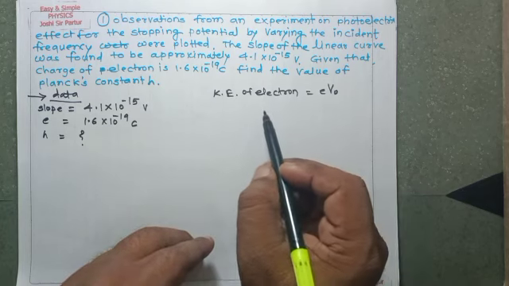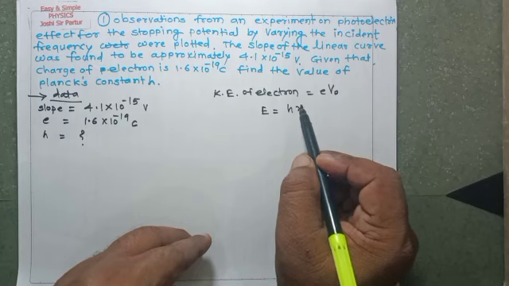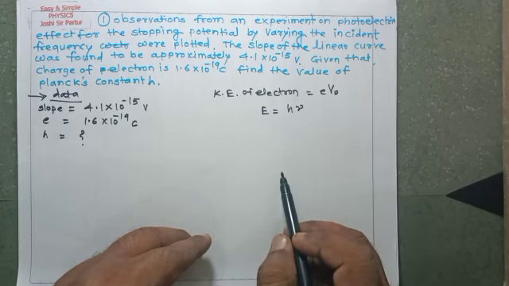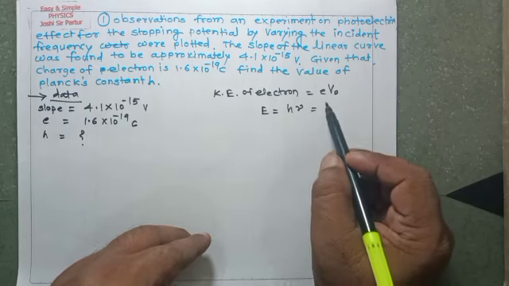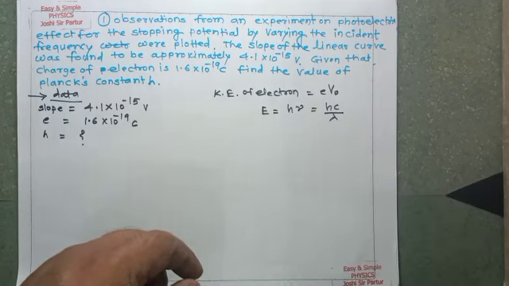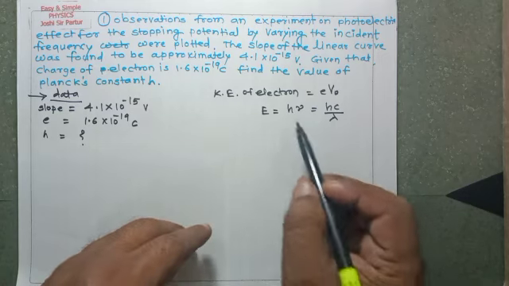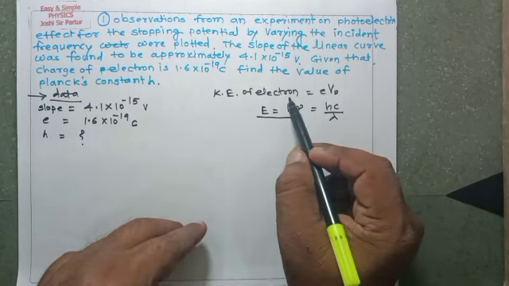We know that energy from Planck's constant is E equal to h nu, which is hc upon lambda, where c is the speed of light and lambda is the incident wavelength.